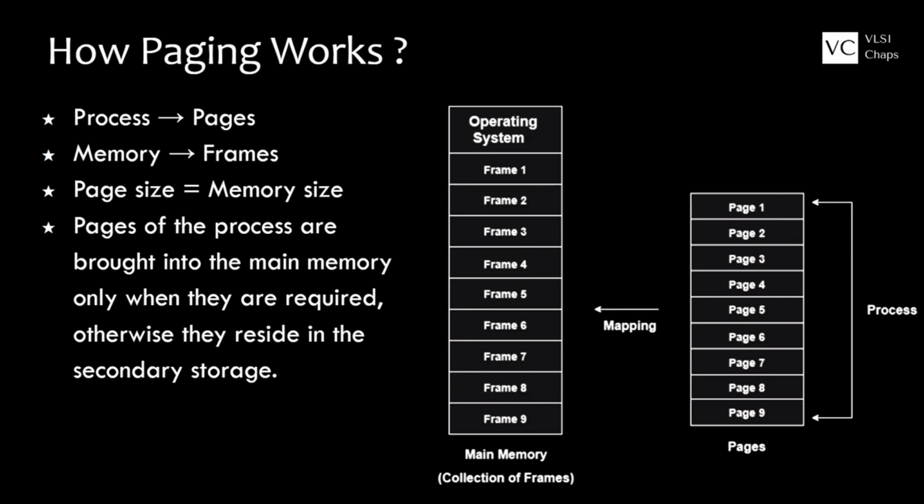So the unnecessary operation of fetching and placing won't occur here. Only the prioritized parts of that particular process will be placed in the main memory, if the main memory has free available frames.